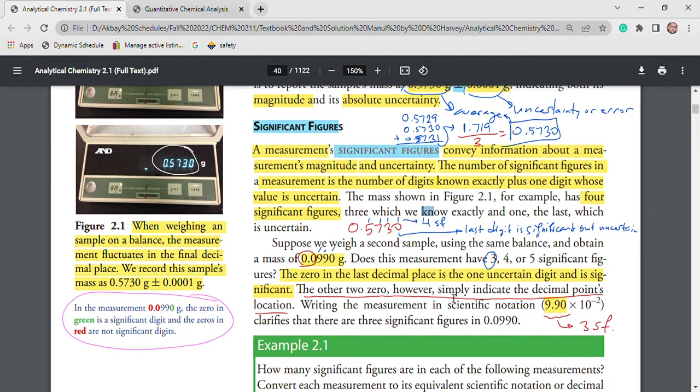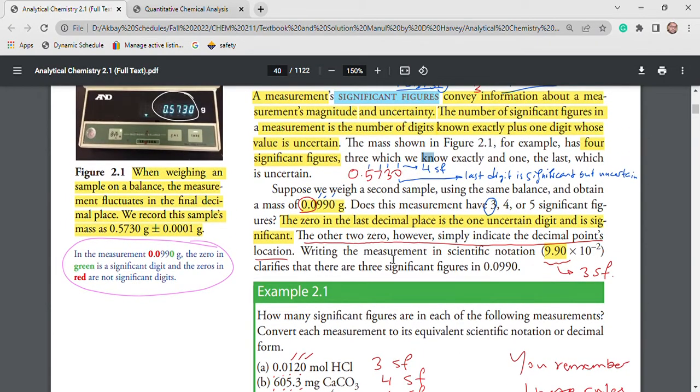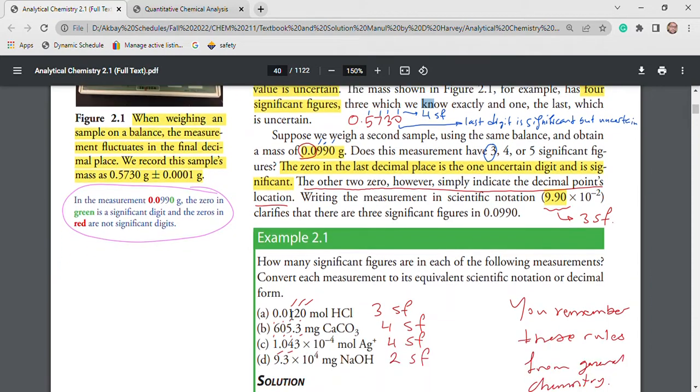When you write it in scientific notation, it is 9.90 × 10 to the negative 2, so as you see, we got 3 sig figs. So zeros that come before non-zero digits are insignificant, because those zeros just show where the decimal point is.